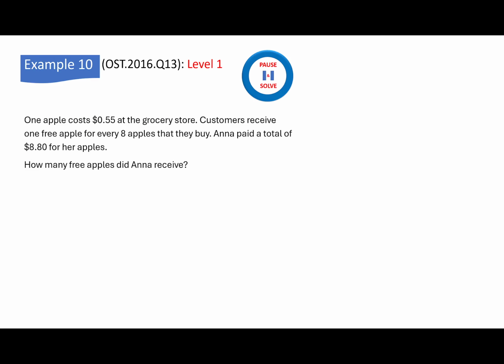Example 10. One apple costs $0.55 at the grocery store. Customers receive 1 free apple for every 8 apples they buy. Anna paid a total of $8.80 for her apples. How many free apples did she receive?